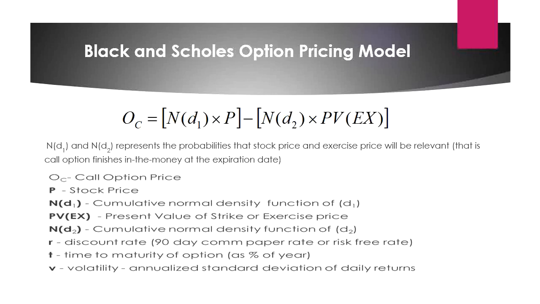Later on we will be using R, which is a discount rate, and it is the 90-day commercial paper rate or risk-free rate. T would be the time to maturity of an option, given as a fraction of a year. V represents the volatility, which is the annualized standard deviation of the daily returns.